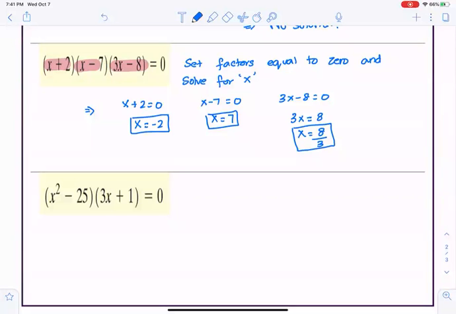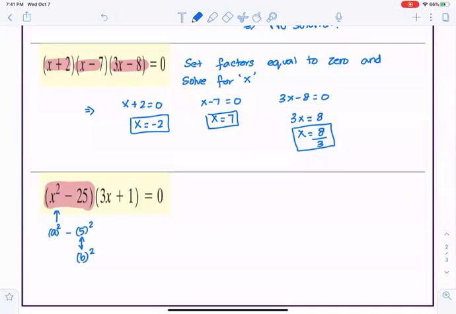So the first thing to notice is this factor 3x plus 1 is fine, but the other is a special product, and it is of the form x squared minus 5 squared, and 5 squared is simply b squared.